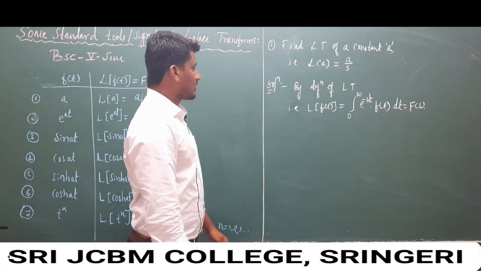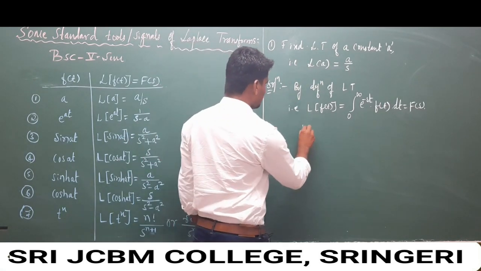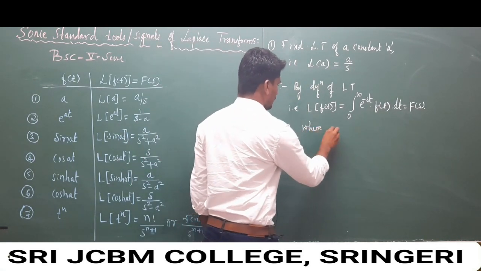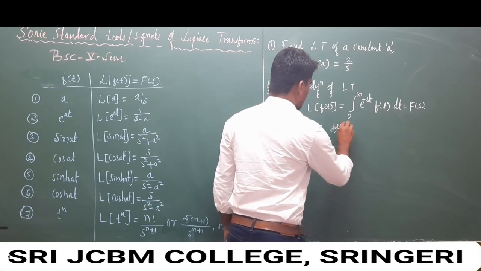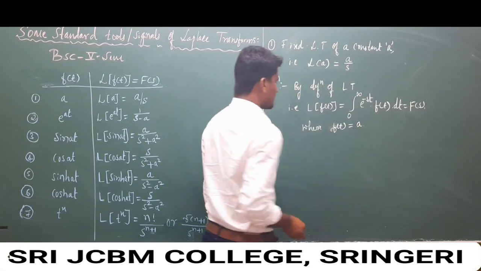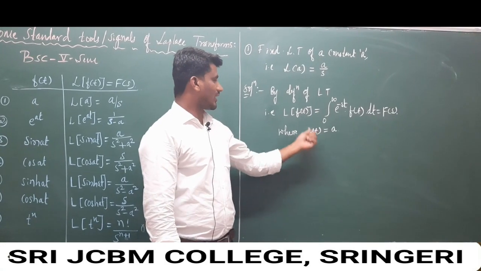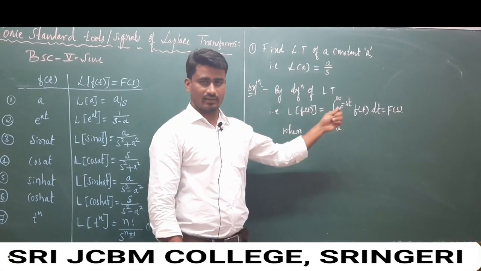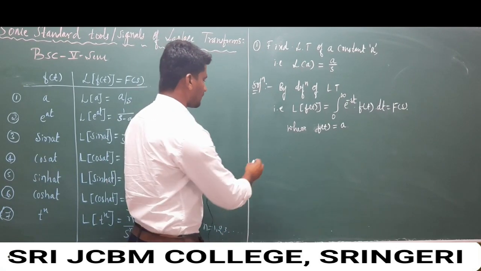So our f of t here is given as a constant, the time domain function is given as a. We just have to substitute in the definition, instead of f of t we substitute a, and after that we have to apply the integration.